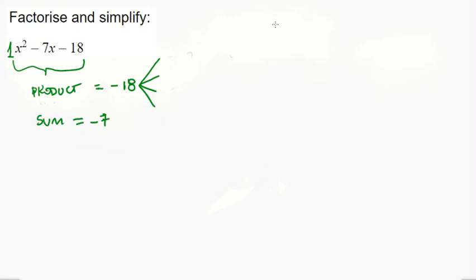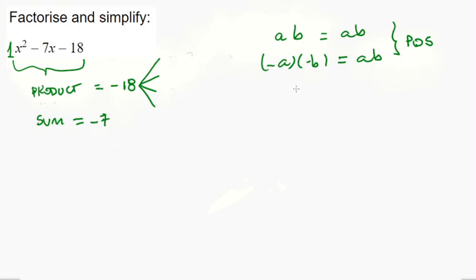A few things which are important to observe. First one, since your product is negative, you have to remember that if A and B were positive, if you multiply A and B, they're going to be AB. If you've got A and B both negative, and you multiply them, you will cancel out the negative sign, and you will also have a positive result, right? For you to have a negative number, you would need either A to be negative or B to be negative, because then you would have negative AB.